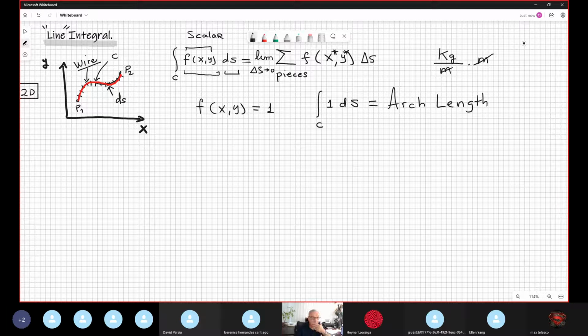Okay. Look, the next is how we compute the line integral. How do you compute that? Okay, it's easy, because the only thing you should do is parametrization. So you take the curve C, I put it now in red color, and you perform the parametrization.